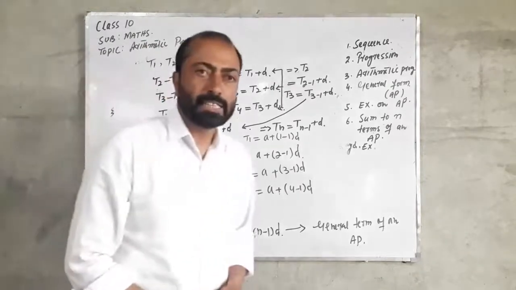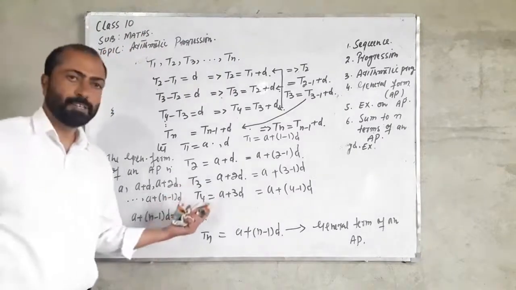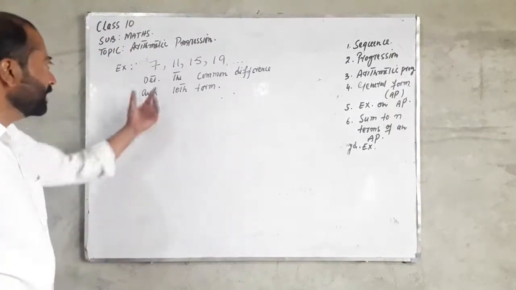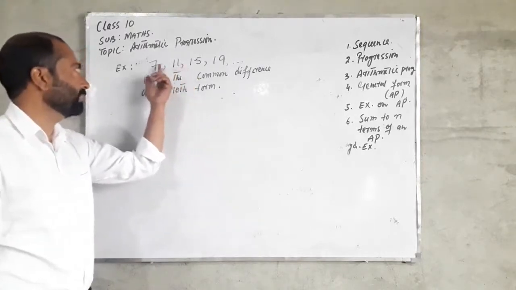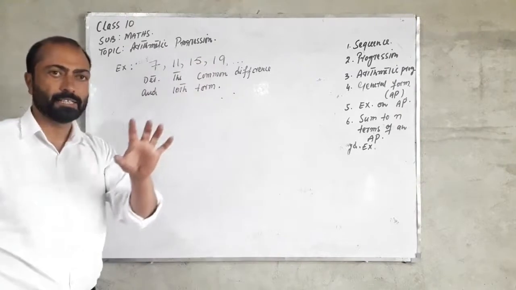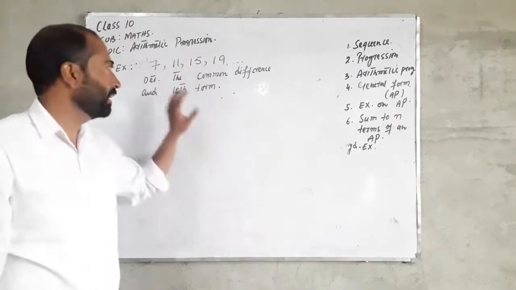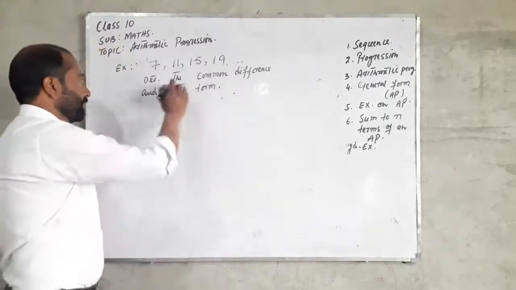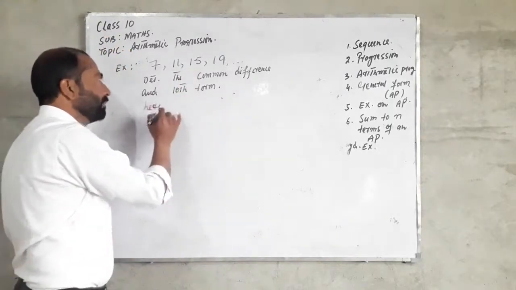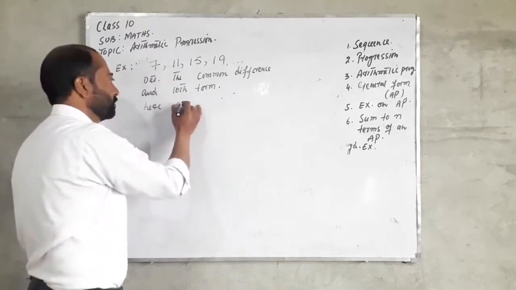Now let's have an exercise on this AP. The given AP is 7, 11, 15 and 19. The question is, you have to determine the common difference and the 10th term of this AP. Look here. Usually we denote the first term of an AP by A. So A is equal to 7.